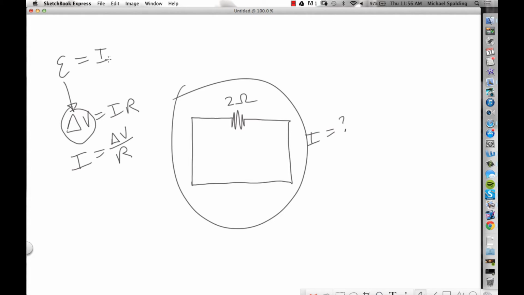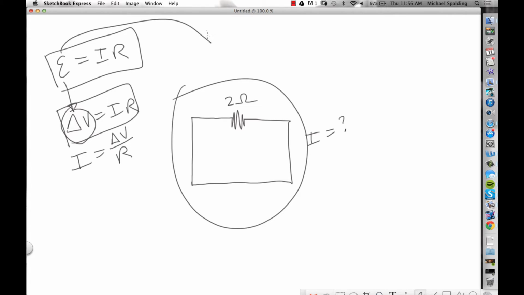So E equals IR. Both of these equations are the same thing. It's just that E comes from the term EMF. You'll probably see that somewhere. EMF is the same as voltage, and it stands for electromotive force. Same thing as delta V, okay?